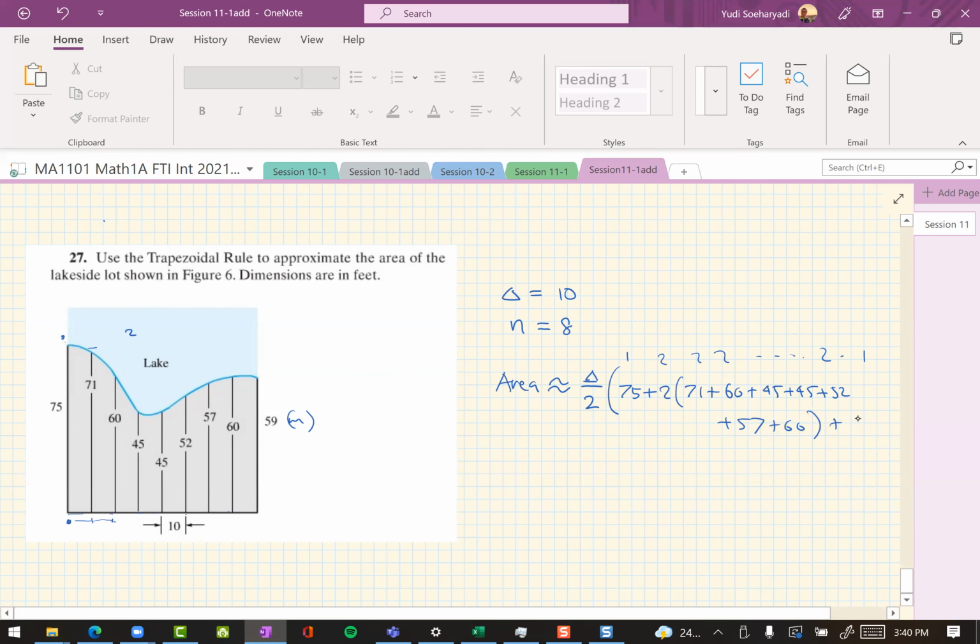And the last one is 59. Okay, so that gives you the approximate area, the estimate for the area. You need to pick up your calculator. Okay, this is the trapezoid method.